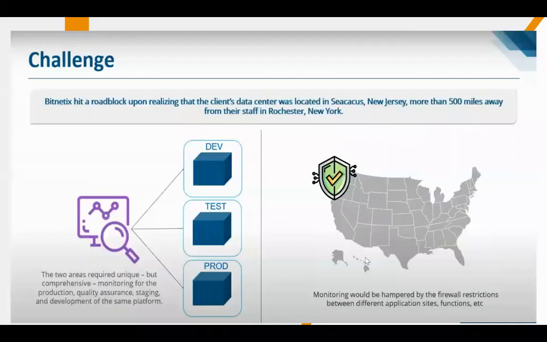The challenge that BitNex faced is it hit a roadblock upon realizing that the client data center was located in New Jersey, which is more than 500 miles away from their staff in Rochester, New York.